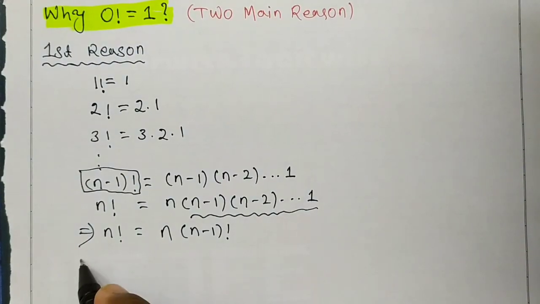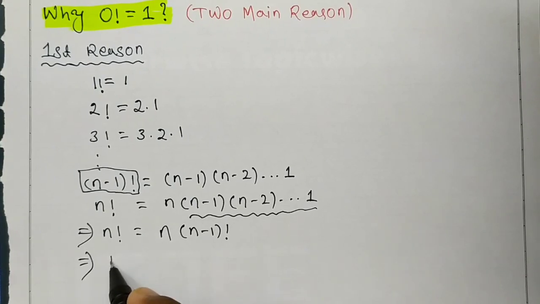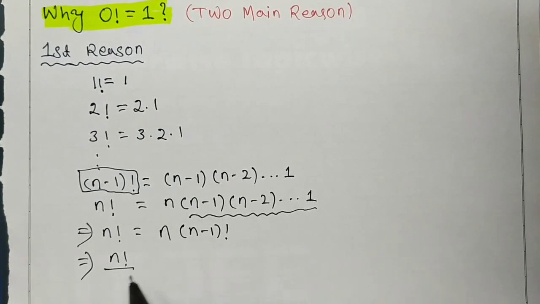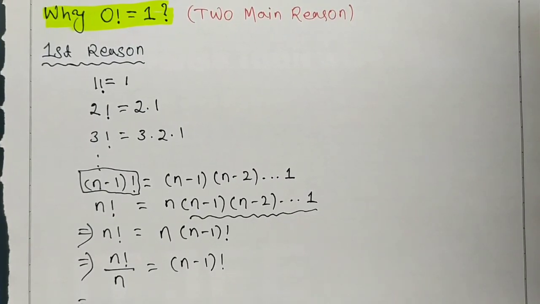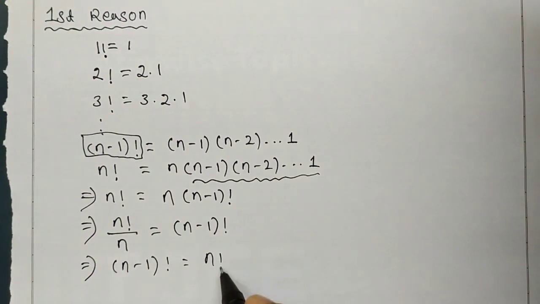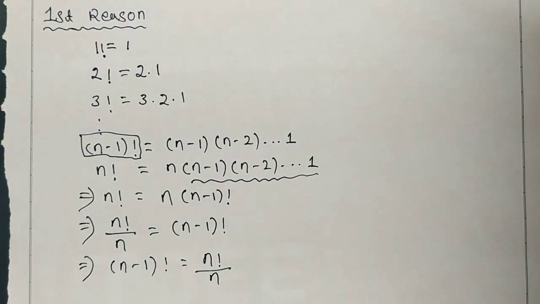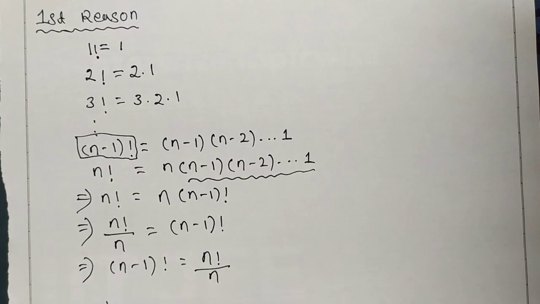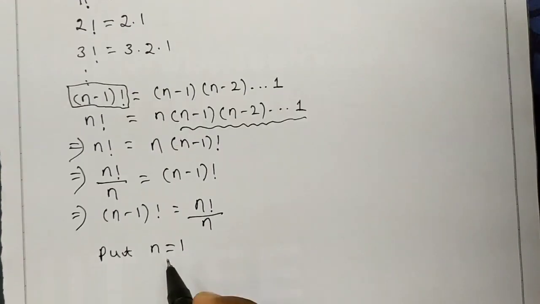Okay. Next step, that n I am taking to the left side. So n minus 1 factorial, we will get n factorial by n, or we can write it like this. Now since we are writing this for all the natural numbers, just put the value of n as 1, and now see what is coming.